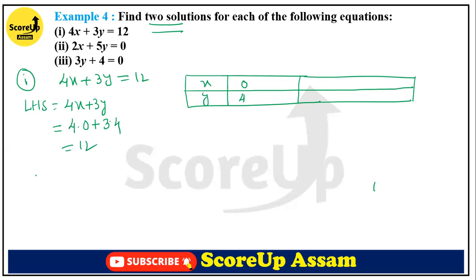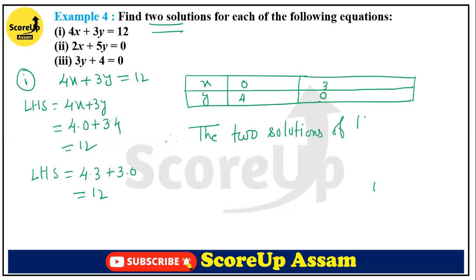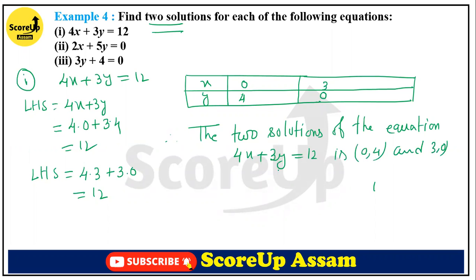Also, if we put the value of x as 3 and the value of y as 0, then we are getting 12. So the 2 solutions of the equation 4x plus 3y is equal to 12 are 0, 4 and 3, 0.